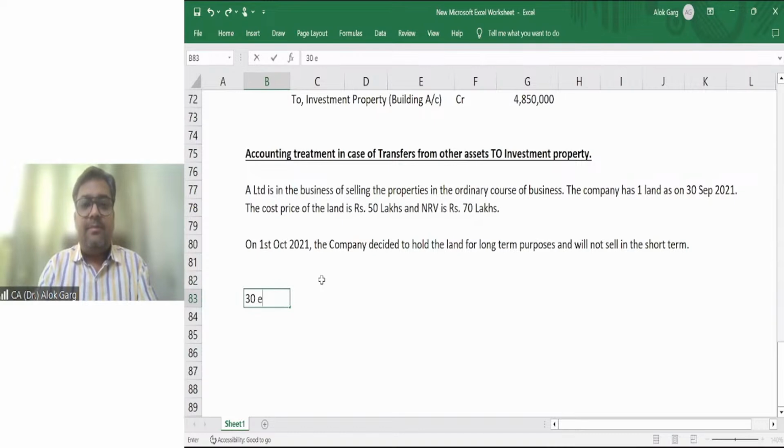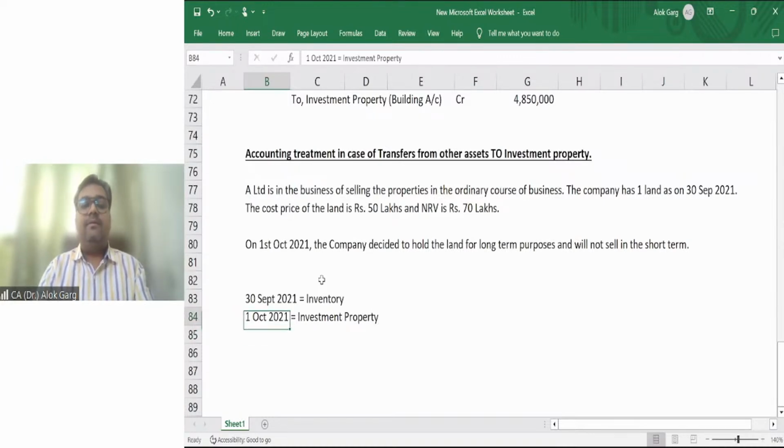On 30th September 2021, what is the classification of this land? Classification is what? Inventory. On 1st October 2021, what happened? It became an investment property, right?